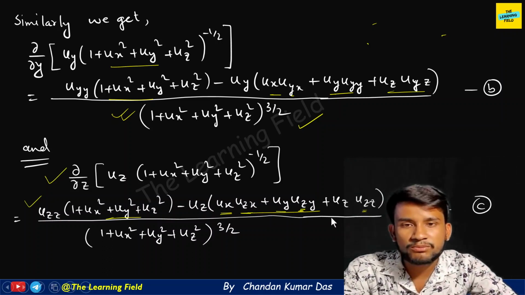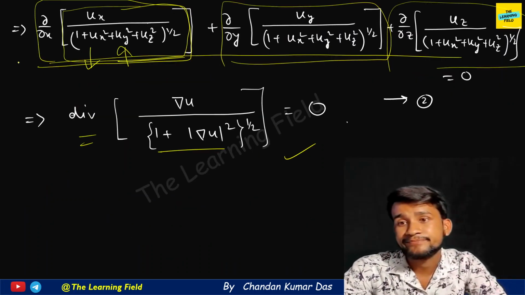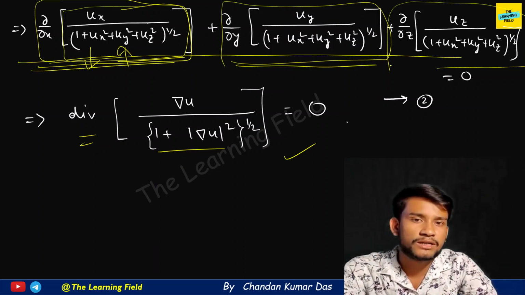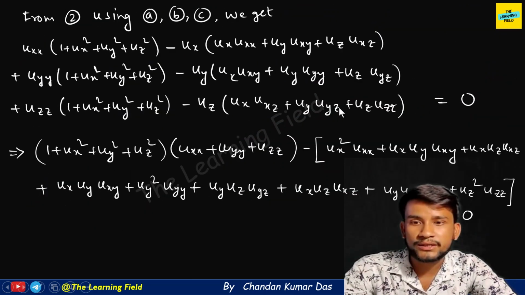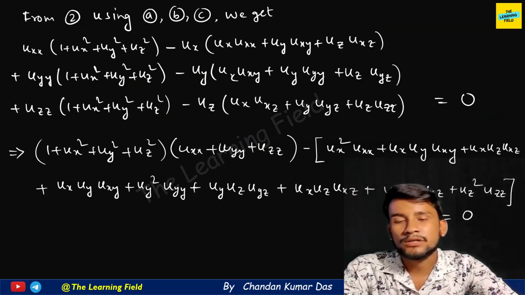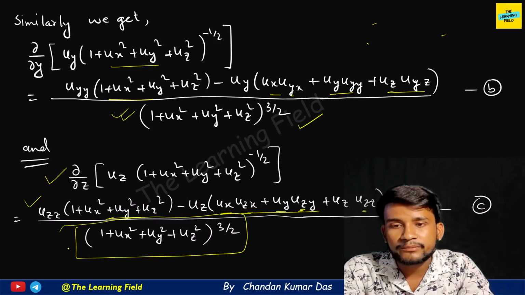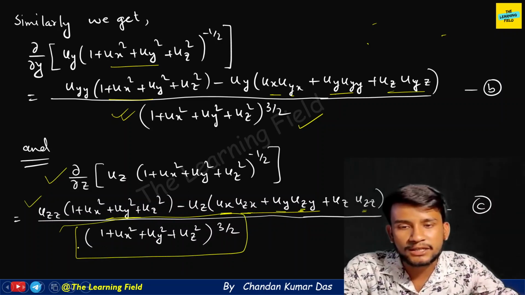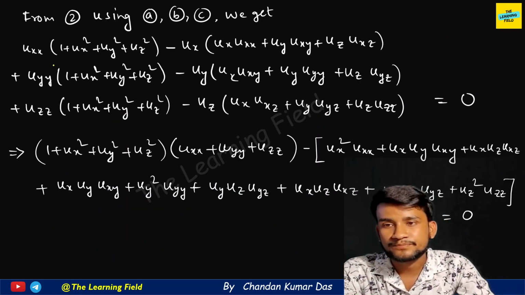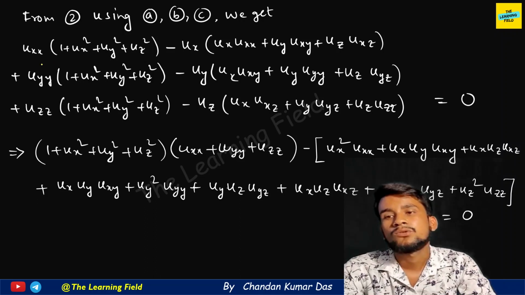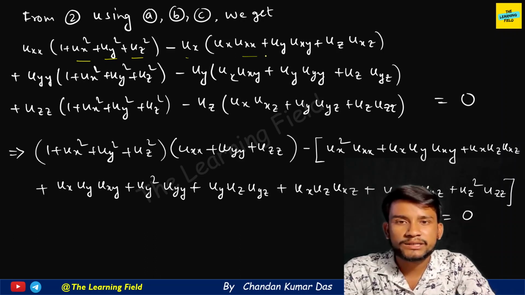Now we put these 3 values a, b and c in the equation. So we calculate this whole term, this whole term, then this whole term, and then we put these 3 values in equation 2. Then we get, see, what was below was in all three, so this cancels out. There is no other term here; the right side is 0, so we put 0 on the right side. So next we get uxx into 1 plus ux square plus uy square plus uz square minus ux into this one.